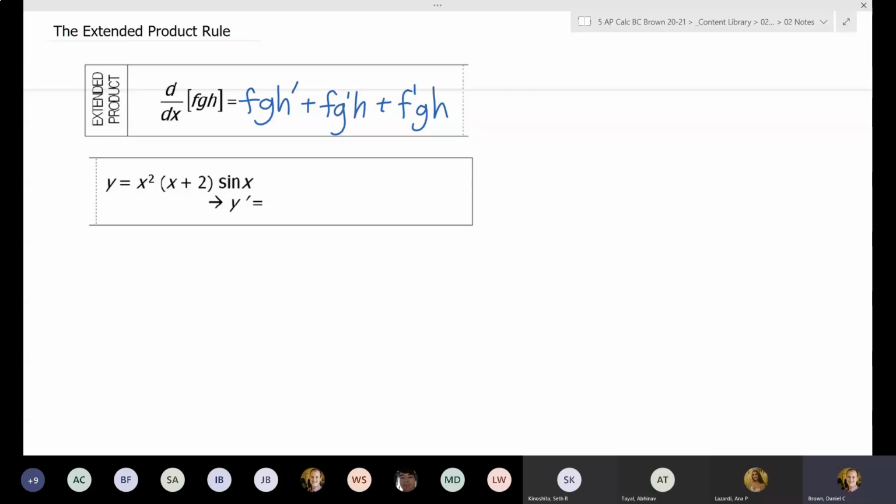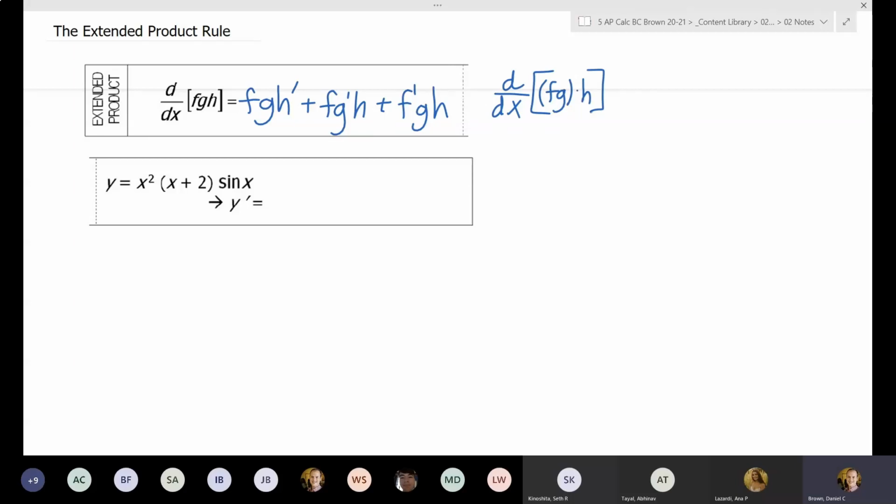The other way to do it is you can think of the regular product rule and think of the product rule inside of the product rule. So I might group 2 things together and think of this as f times g times h.